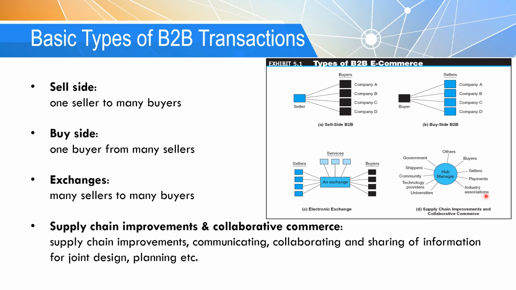And then ini adalah supply chain improvement and collaborative e-commerce, where bila B2B ni dia konsep bila you combine all the processes here, including the government, community and so on. Okay, dia jadi hub manager.